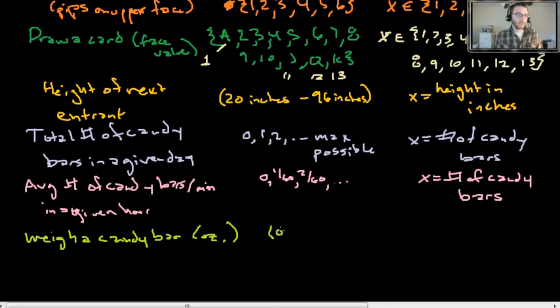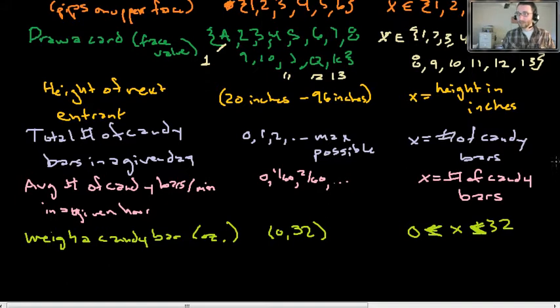So somewhere between 0 and what? 32 ounces. That's 2 pounds of chocolate. Yeah, that's good enough. Another way to say this about x, if x is the weight, then 0 is less than x is less than or equal to 32. I guess this is less than in this case, and less than here because I used parentheses rather than brackets. We'll see that probabilistically it usually doesn't matter.